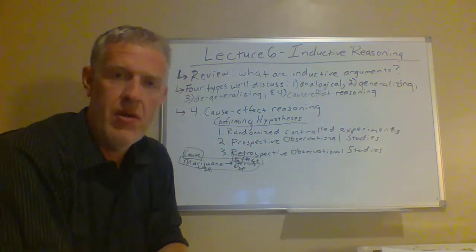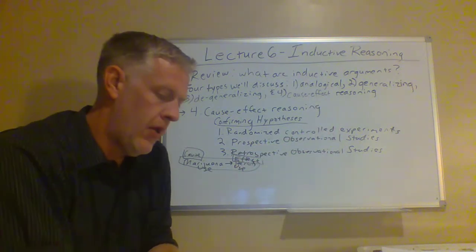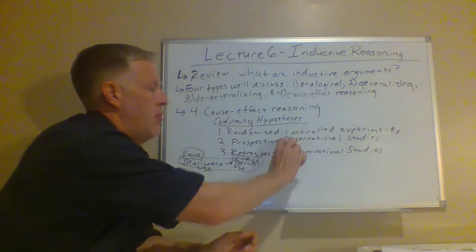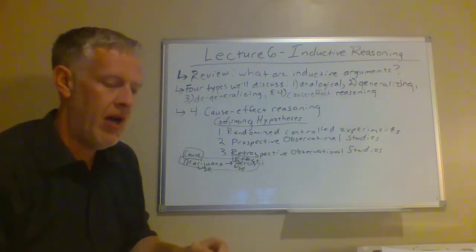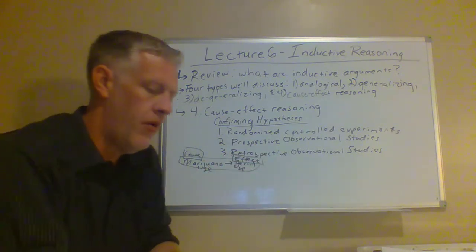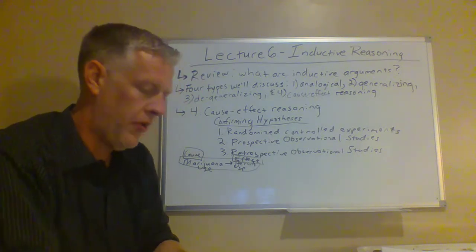So that's an important thing to point out from the get-go. But having said that, a lot of times maybe this will be the only way we can try to confirm our hypotheses, and so they're still important and worthwhile. So, how do these work though?